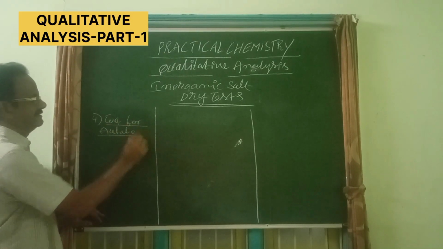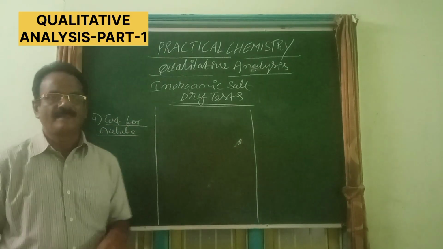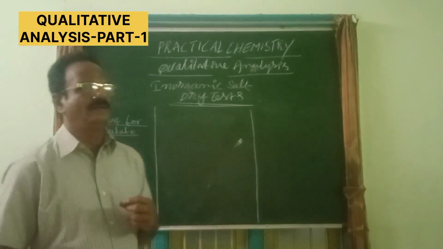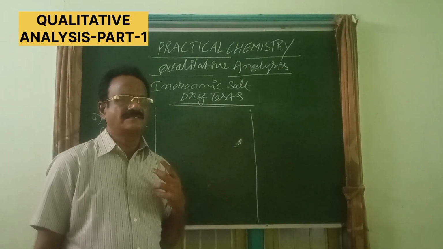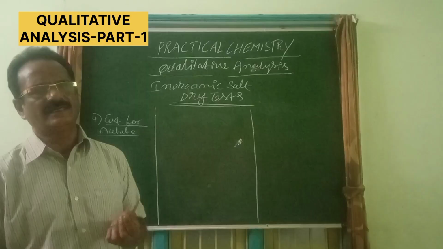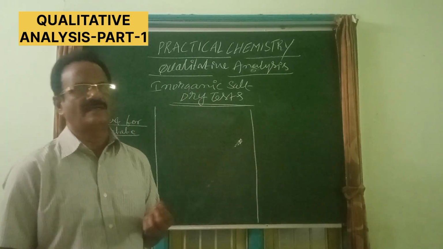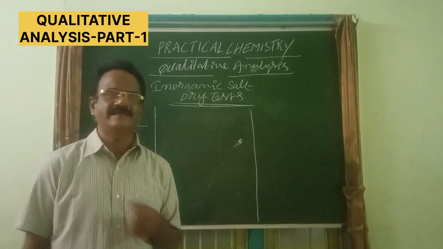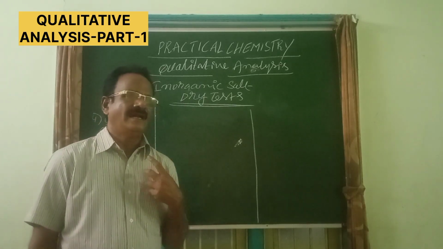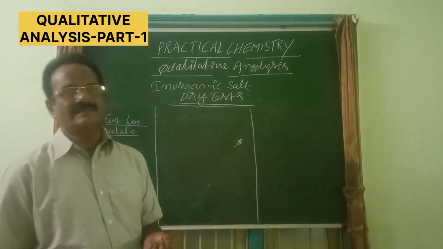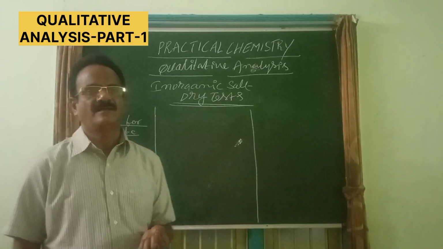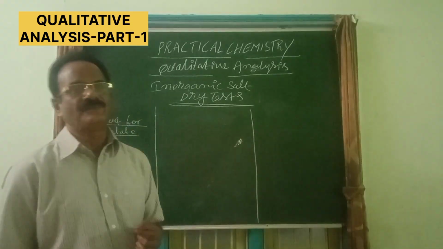Test for acetate. Here, the salt is to be taken in a test tube, and then a few drops of concentrated H2SO4 are added, then a few drops of ethyl alcohol, and it is subjected to heating.